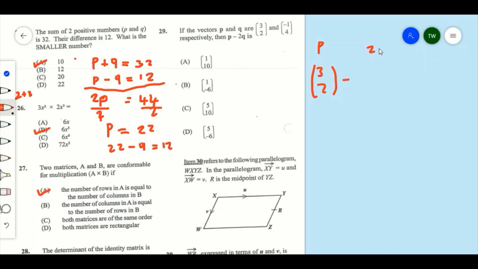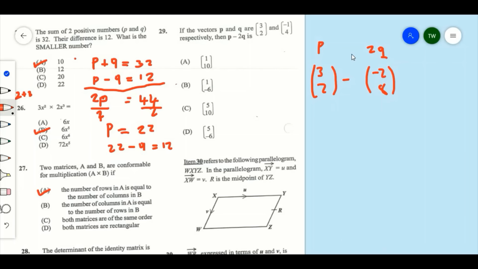So we know that for 2Q, we're just going to use 2 to multiply all the elements in Q. So that's going to give us 2 times -1, that's going to give us -2, and 2 times +4, that's going to give us 8. So 2Q is going to be (-2, 8).